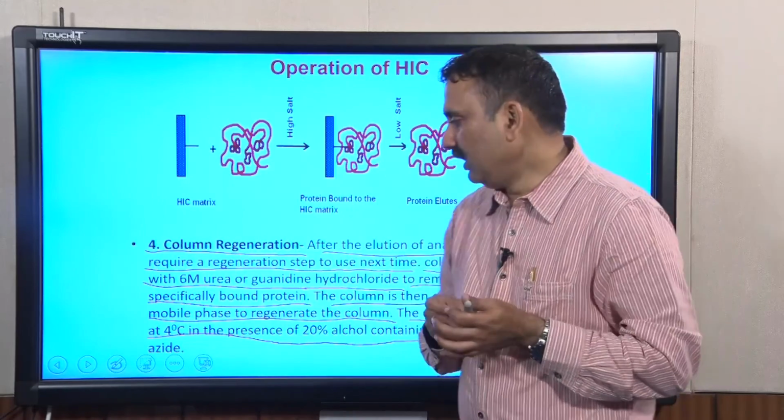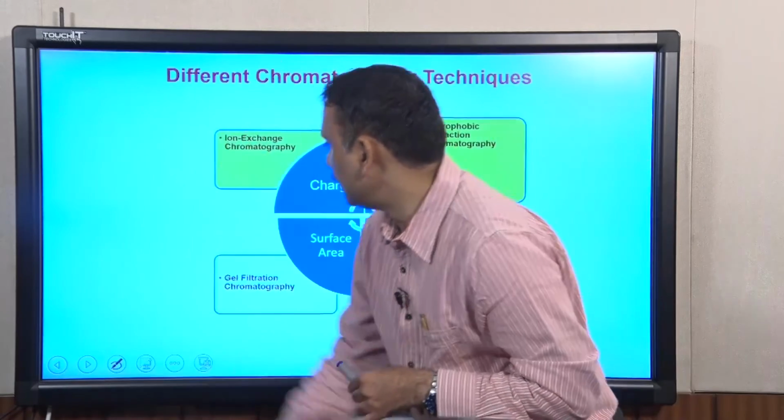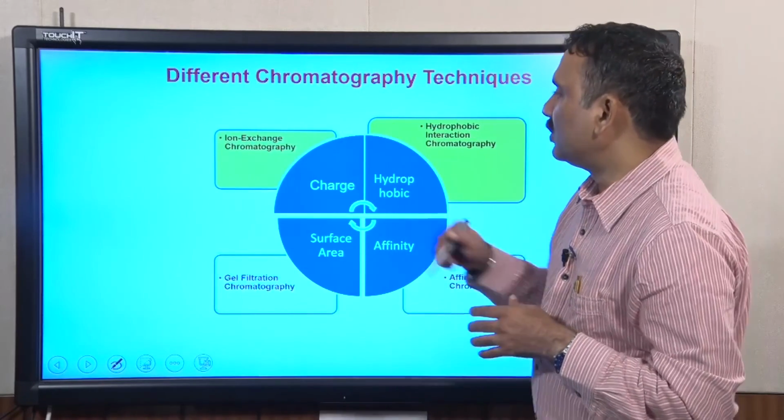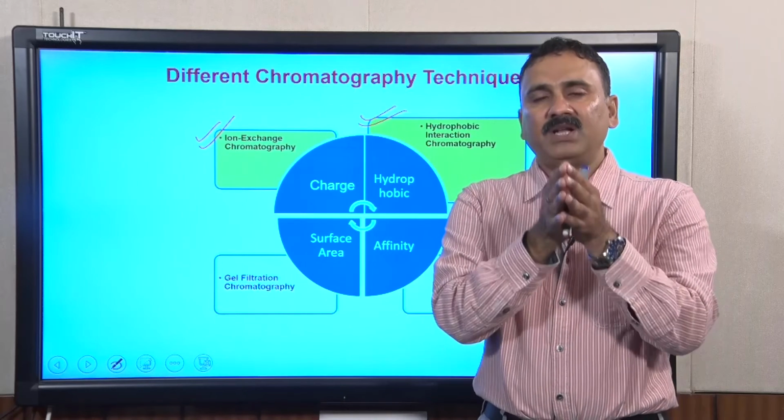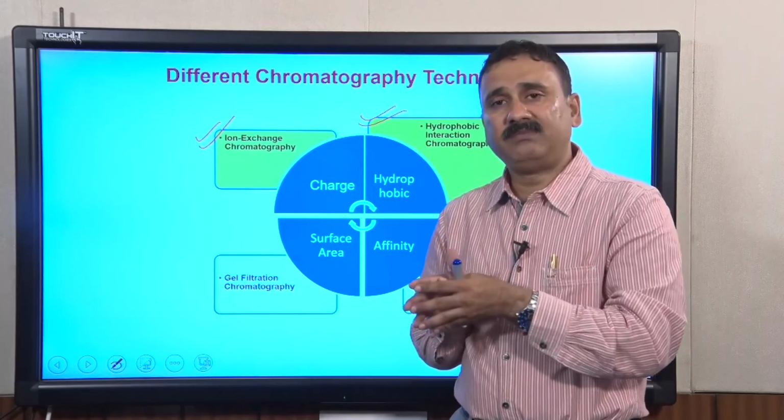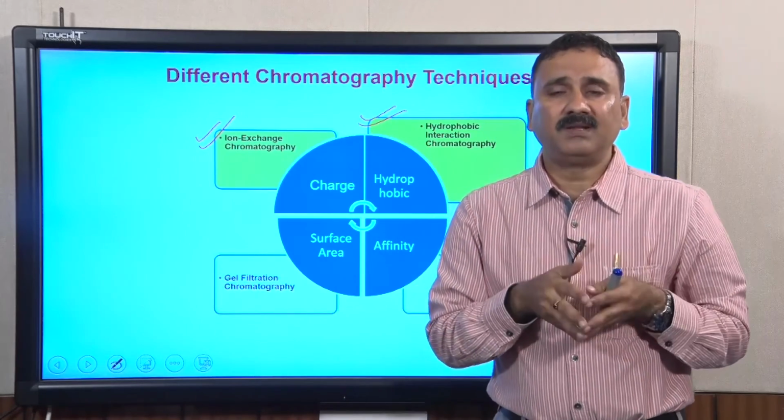So, this is all about the two chromatography techniques, ion exchange chromatography and hydrophobic interaction chromatography, which we have discussed. Both of these techniques utilize the charged groups or the hydrophobic patches present on the protein surface.